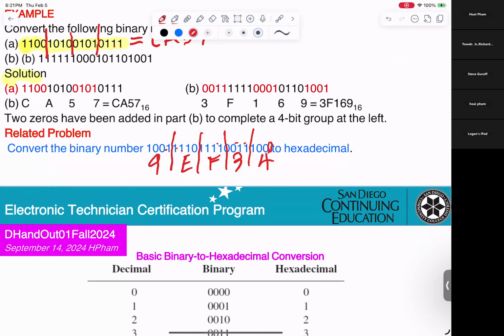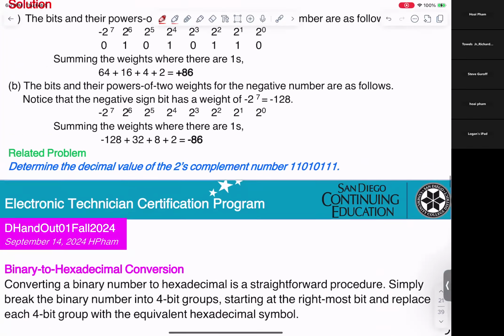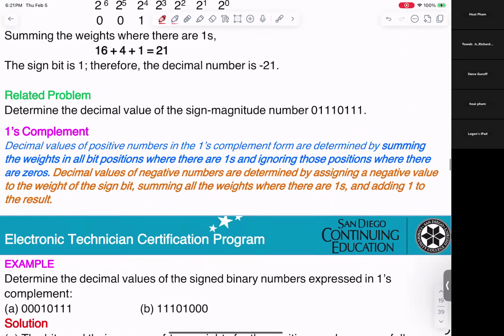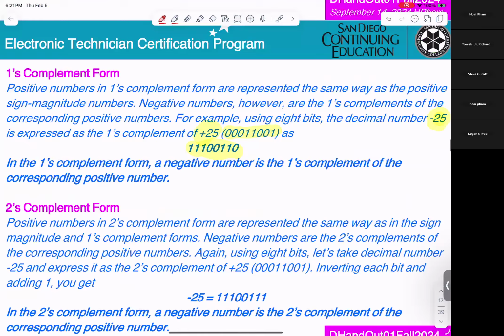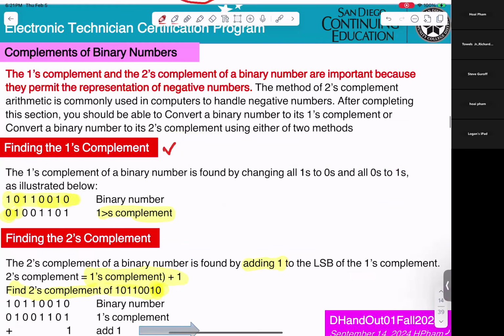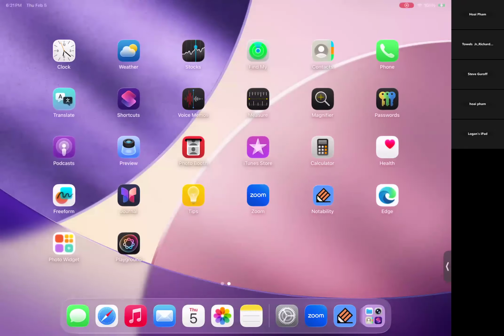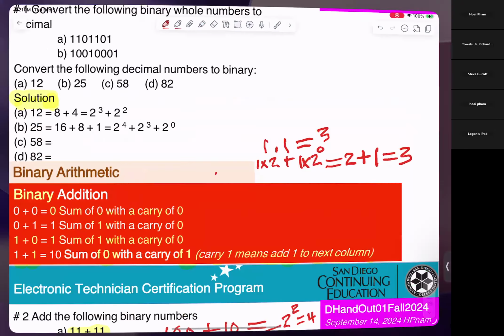It must be 4 bits. So just add a zero, and the answer will not be number 4. It has to be number 8, 1, 0, 0, 0. Where is my table? It's down. So 8.